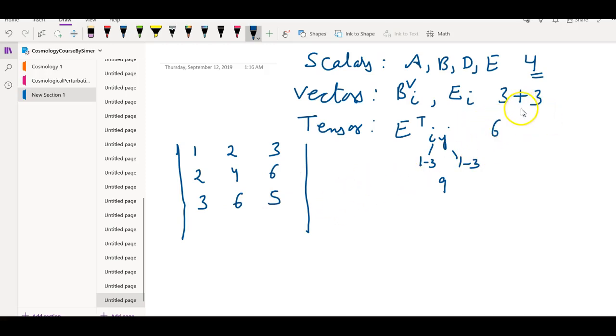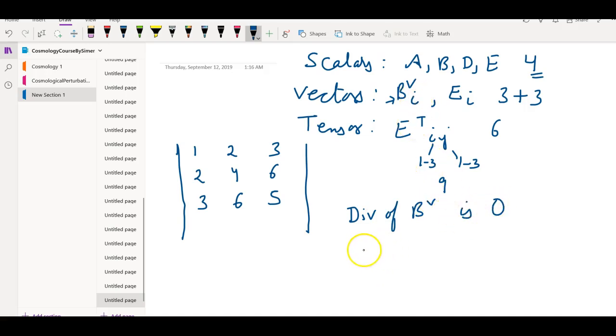Now let us impose the constraints. When we apply the constraints, there is one constraint here that its divergence is 0. Because its divergence is 0, components of B vector follow this constraint, divergence of B is 0.